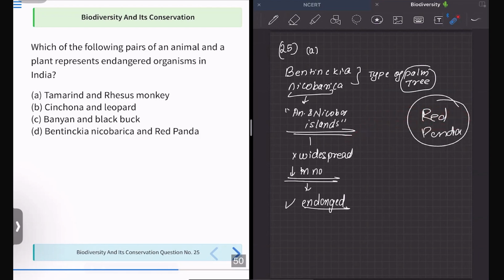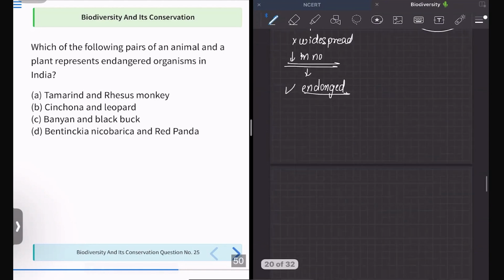If you had eliminated monkey, cinchona, leopard, and banyan tree, you would be left with option D. And you might even be sure because you have not heard about red panda. So that is true. Red panda and Pentonychia nicobarica are the species we have seen earlier. So for this question, option number 3 is the appropriate answer.